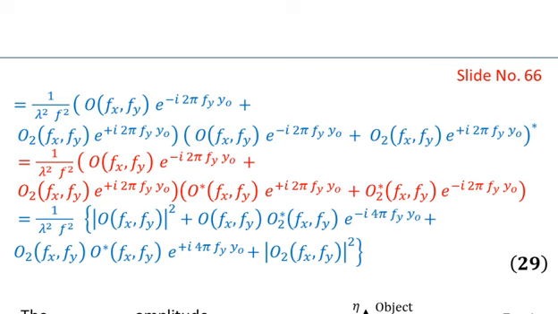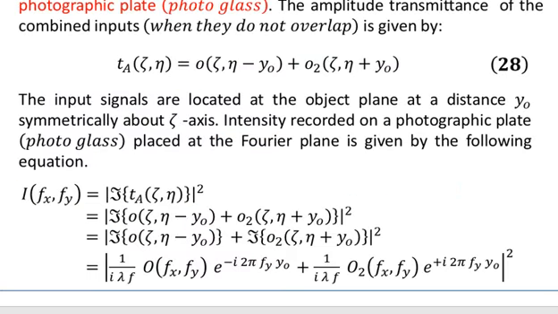So you see that equation number 29 is the simplest form of the equation that we started with.